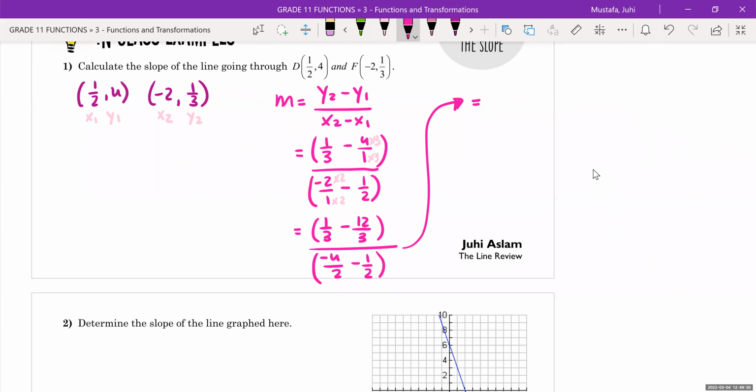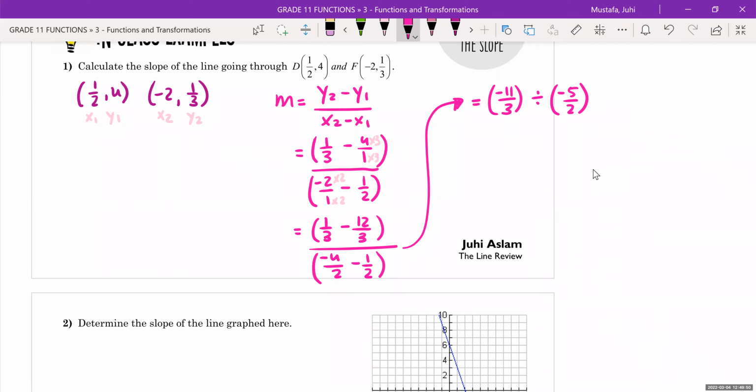One minus 12 is -11 over 3. And now I think it's a little bit easier to write it horizontally. So instead of making it a fraction, I'm just going to use the division sign. -4 minus 1 is -5 over 2.